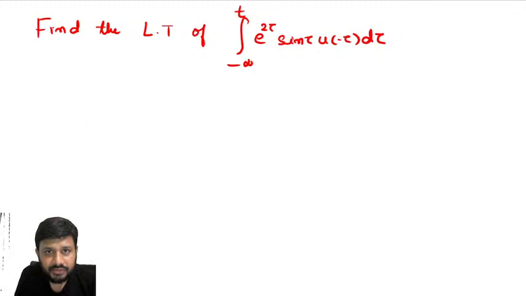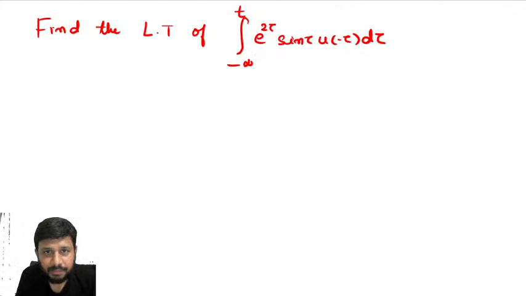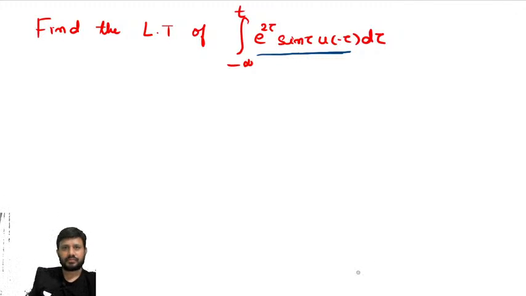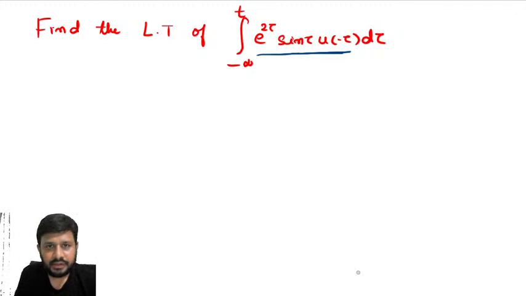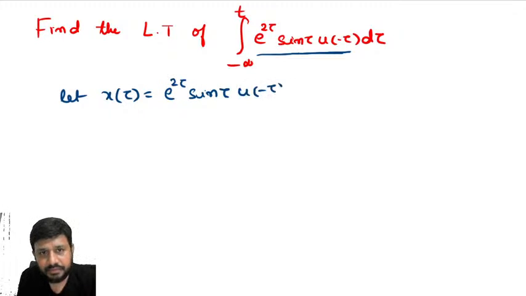See, if you compare this with the previous one, in the place of x of tau, what do we have? e power 2 tau sin tau u of minus tau. So let x of tau equal e power 2 tau sin tau u of minus tau.